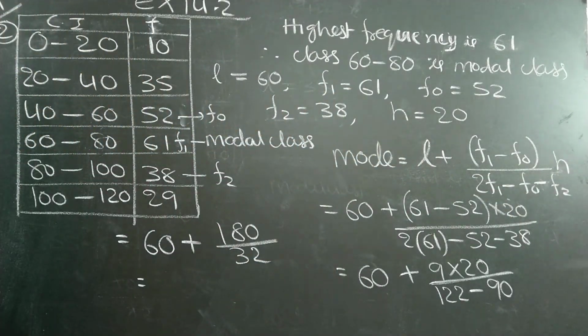Cancel with the 4 table. 2 table, 216 the 290.